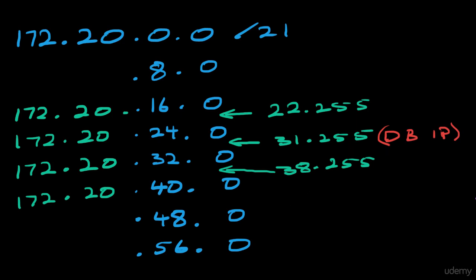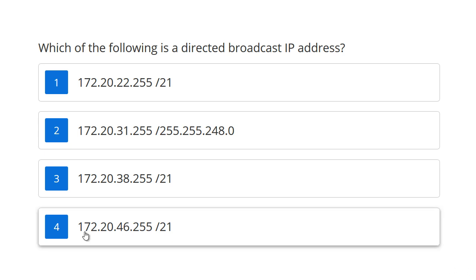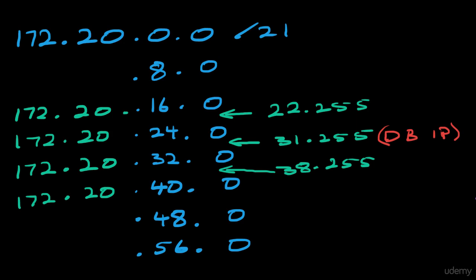Let's look at the last IP. 172.20.46.255. 46.255 is in between 40 and 48. 172.20.48. 48 is the network ID.